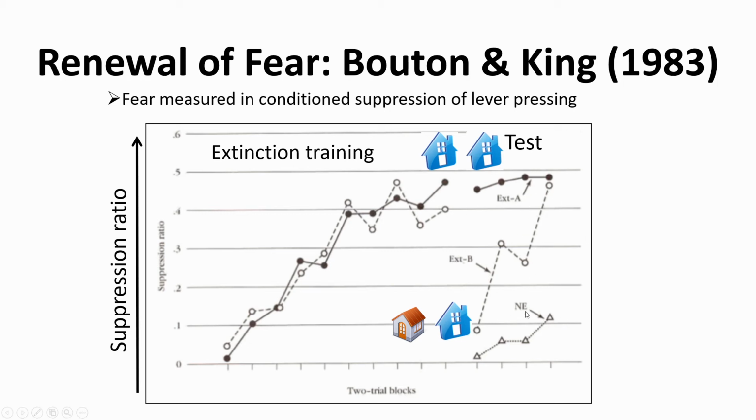And then here we also have NE, which is just a control group. This group just didn't undergo extinction training. They were given acquisition and then they were tested again. There was no extinction there, which is why their freezing behavior stays fairly high. They show a lot of fear because they never went through extinction.